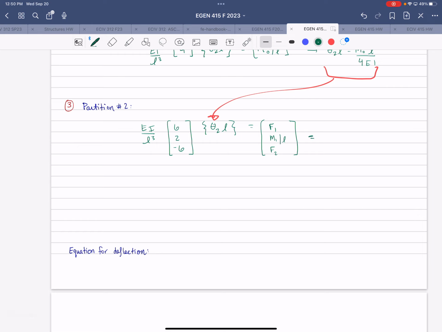And so the result will be 3 M naught over 2L for F1, M naught over 2 for M1, and negative 3 M naught over 2L for F2.